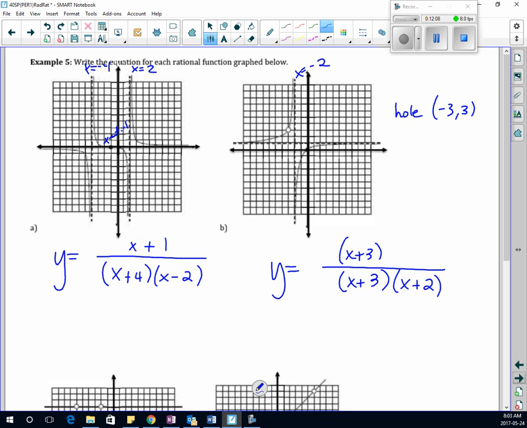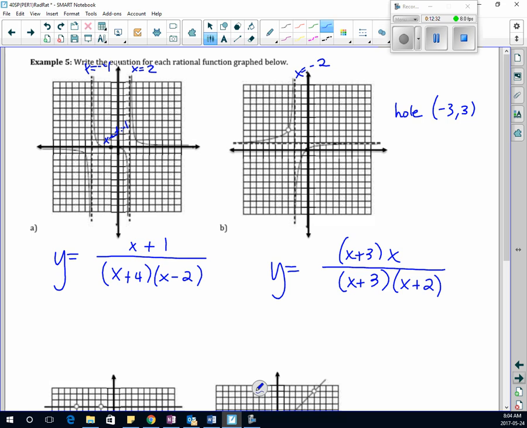Okay, so now in order to have a horizontal asymptote that got shifted up, we need to have an additional x on there. So here's the thing. We need to be able to get the hole to substitute to get that. So how do we do that? Well, the hole is at negative 3, 3.